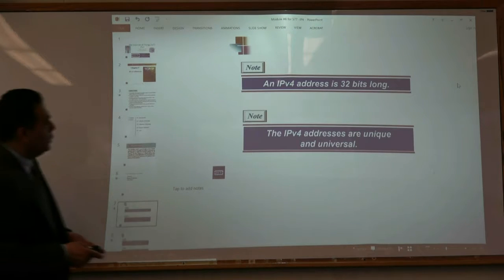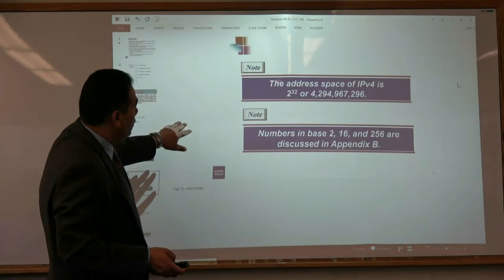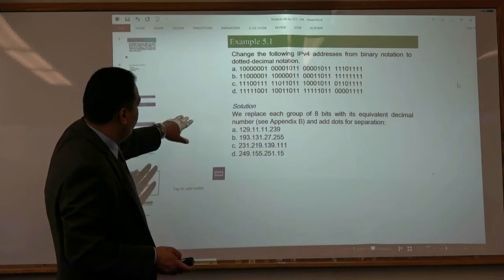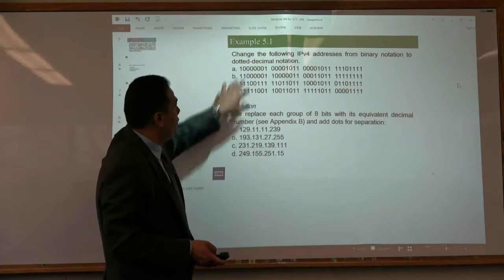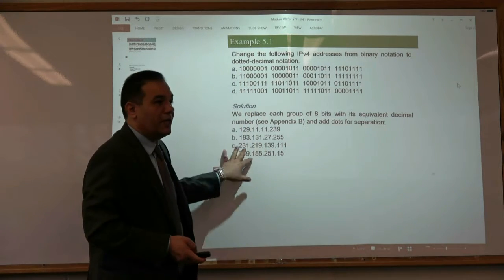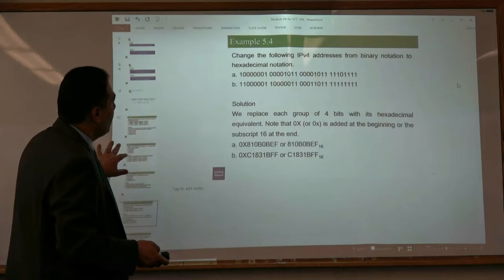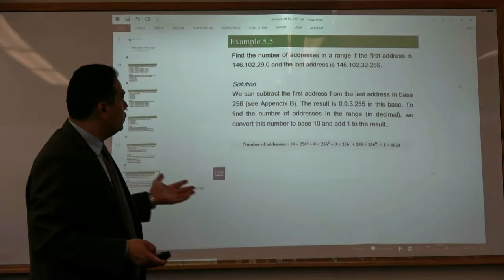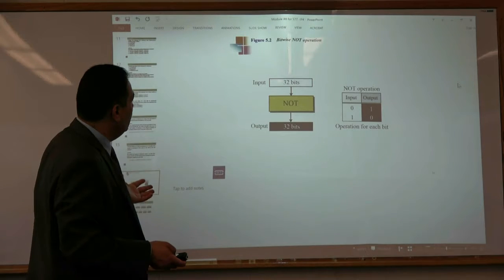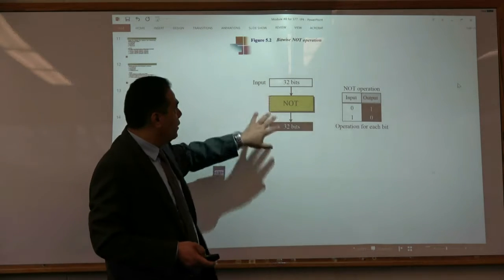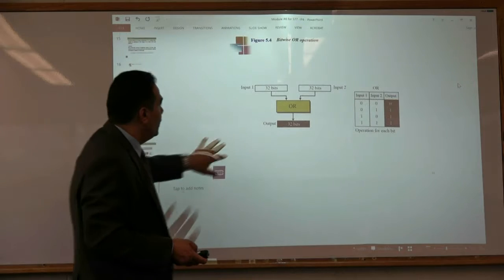Alright, so we spoke about IP4. We spoke about how it's 32 bits, divided into 4 sections, each section 8 bits, and how we can write the IP address, and how we convert from binary to decimal. We spoke about these operations because we need them for the net mask.